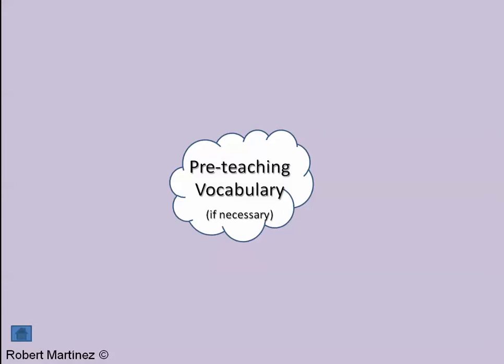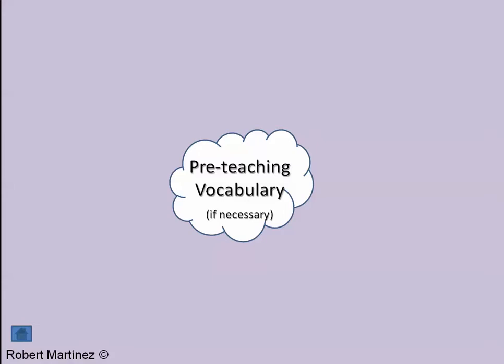Very important to know: how can we determine what vocabulary to pre-teach? Well, Jeremy Harmer says in his book The Practice of English Language Teaching that it's those 3, 4, 5 words that would stop the students from being able to complete the gist task or the reading or listening tasks.